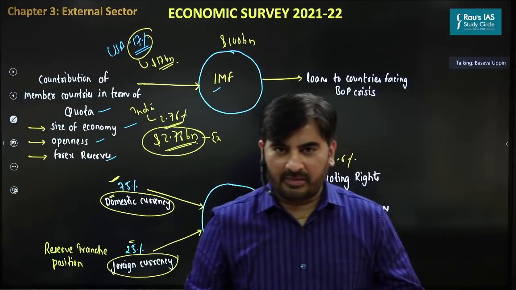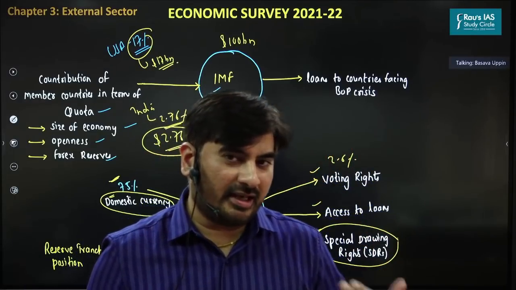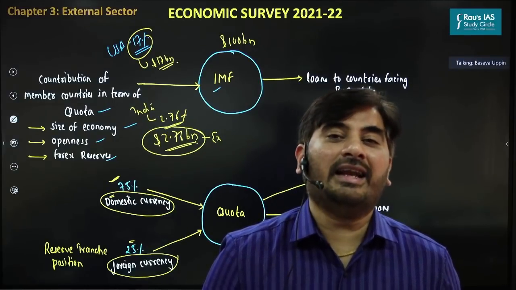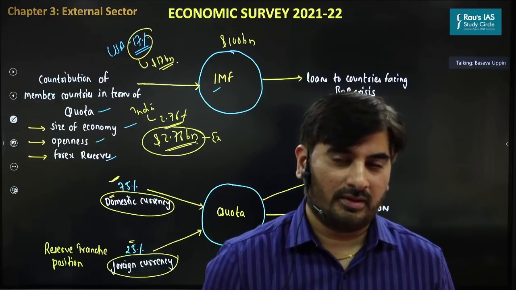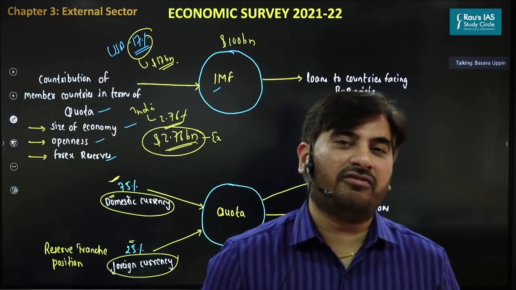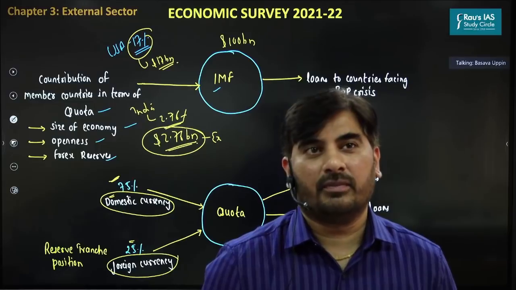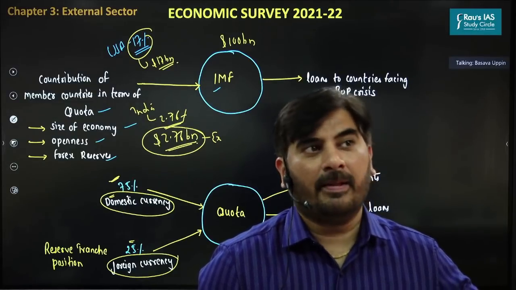Special drawing rights, I've already explained before as well. So briefly to touch upon the SDR. SDR is not a currency. Rather, it is an international reserve asset, which is part of our forex reserves. SDR is basically a basket of 5 currencies, that is dollar, euro, pound, yen, and yuan. So we get SDR in proportion to our quota.